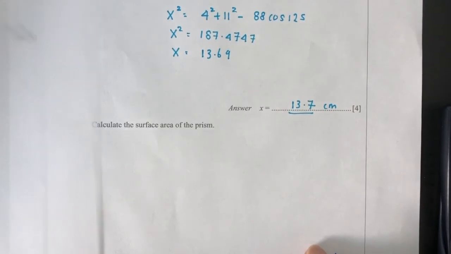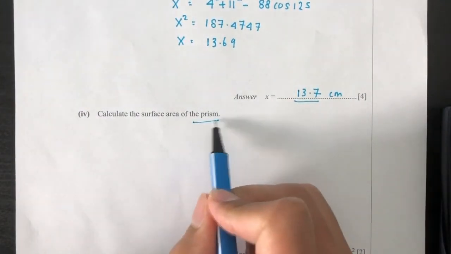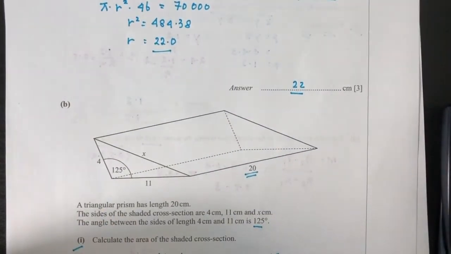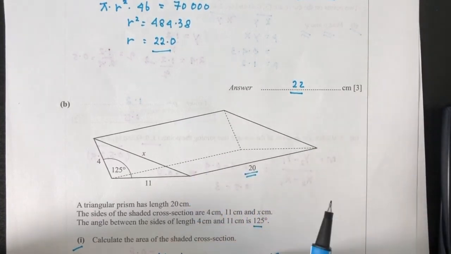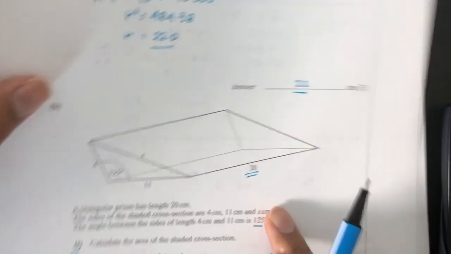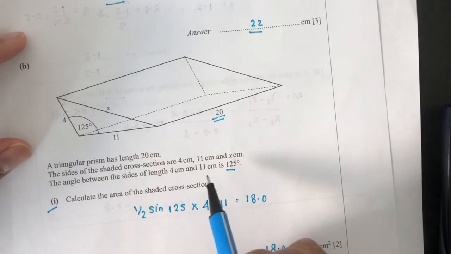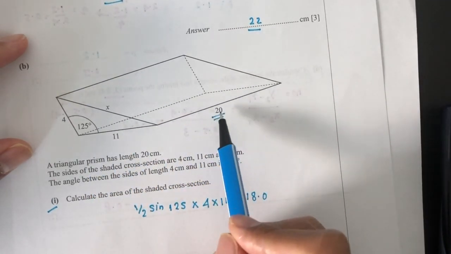Now let's try the rest. We have part 4, calculate the surface area of the prism. Let's first count how many surfaces it has. It has 1, 2, 3, 4, 5 surfaces. So 2 of these triangles will be 2 times 18. Then we have the bottom surface, which will be 20 times 11.